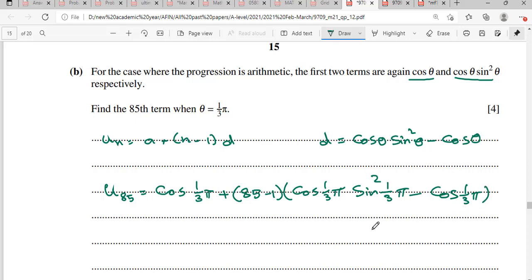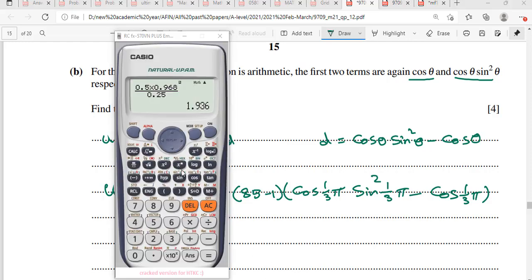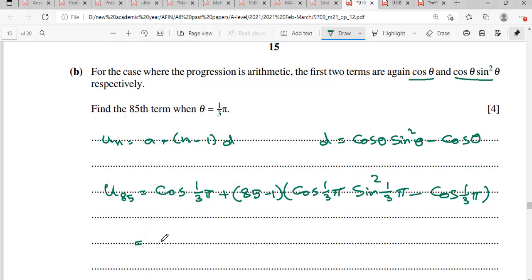This is going to be the 85th term, equals cosine 1 over 3 pi, which is 0.5, plus 85 minus 1, which is 84, times this bracket.